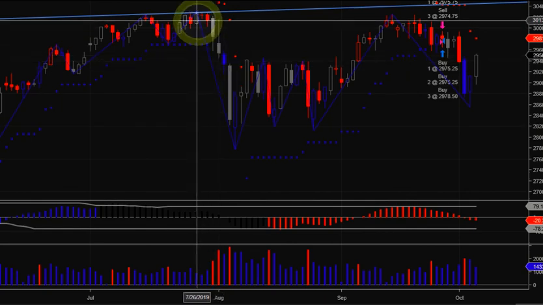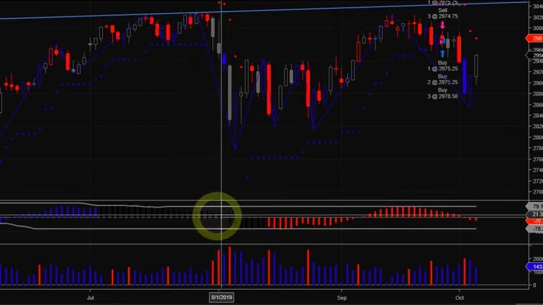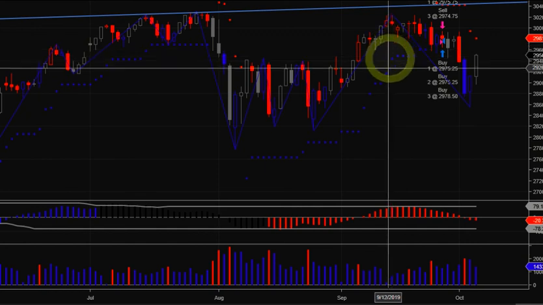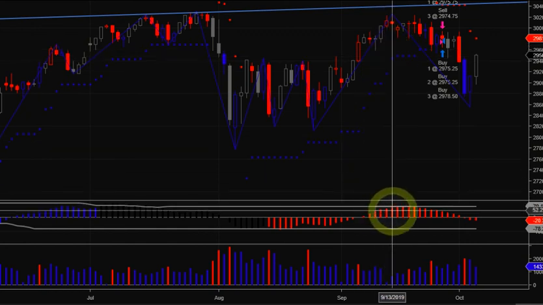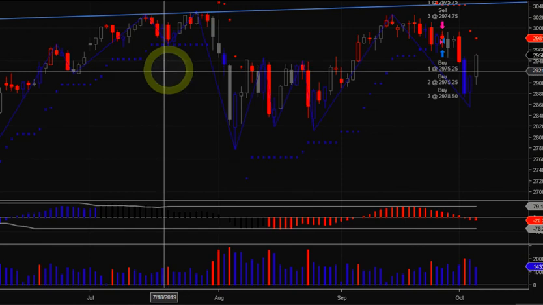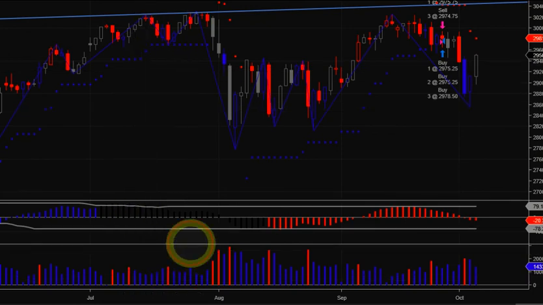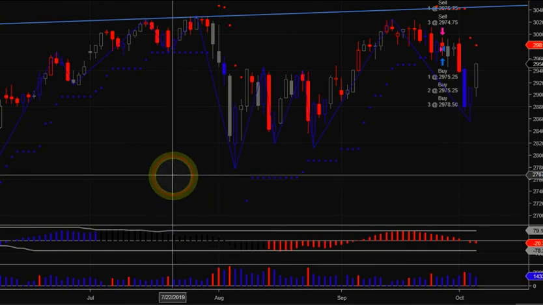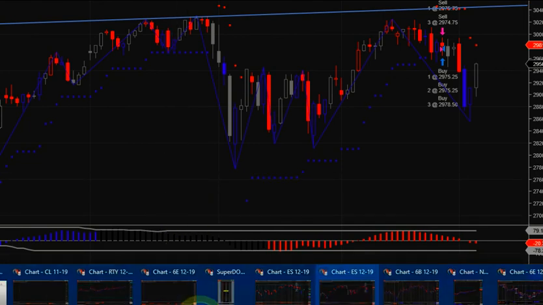So we made a high, but the larger degree trend was neutral or sideways. But then we made a slightly lower high, and the larger degree trend had shifted to negative. So these are internal measures that you just notice that are helpful for seeing the larger picture on a market.